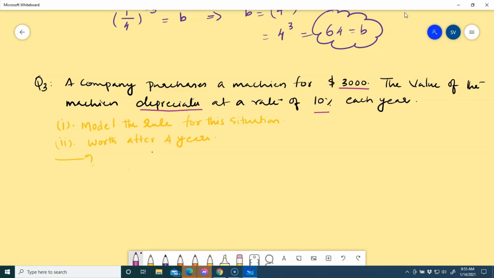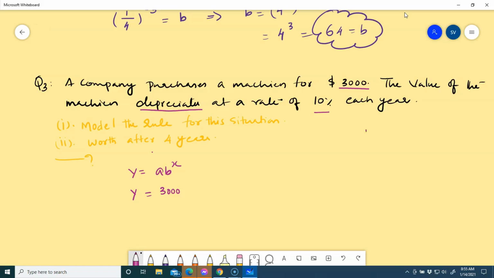We know the general form of an exponential function is y is equal to a b raised to x, and we actually need to find out y. So we are modeling v is equal to a, where a is the initial value, so a is 3000, and b to the power x. B means the rate of change. So b is 10% each year. It is depreciation.